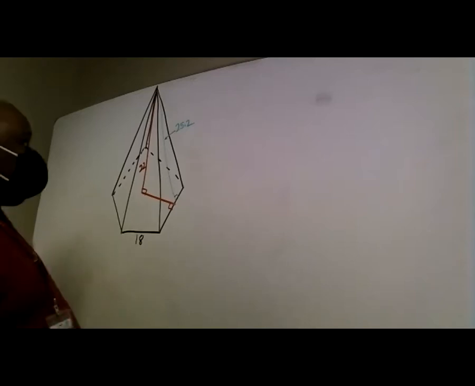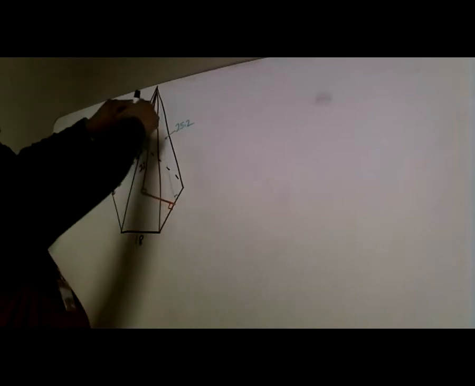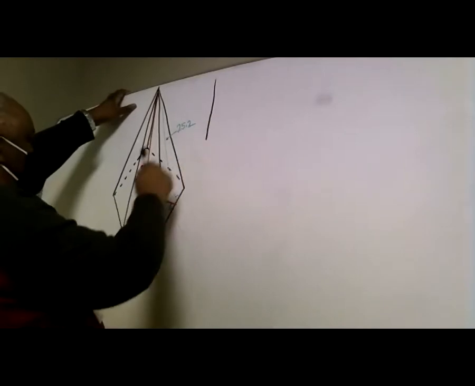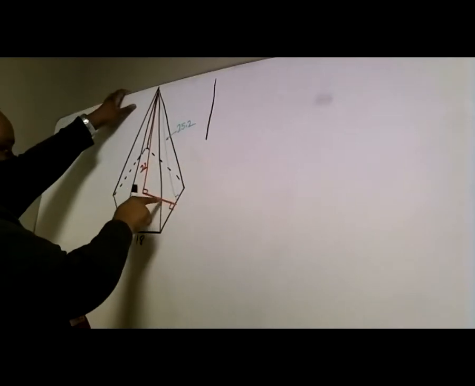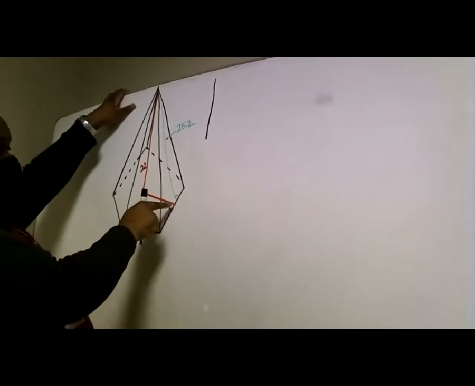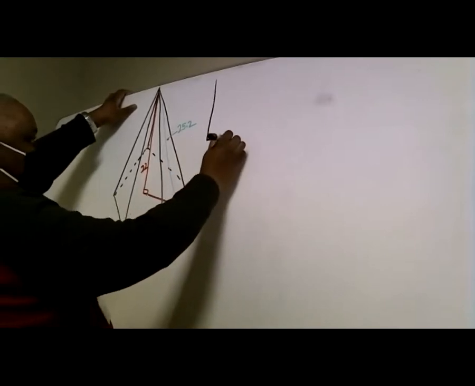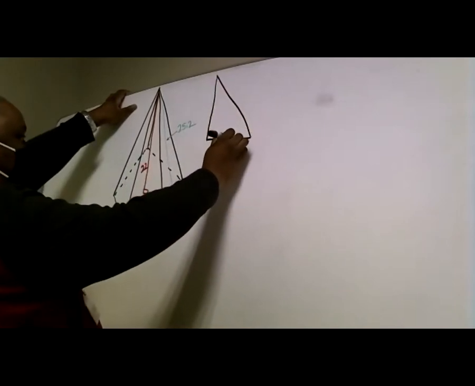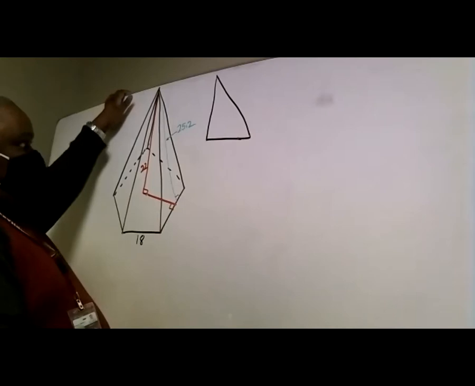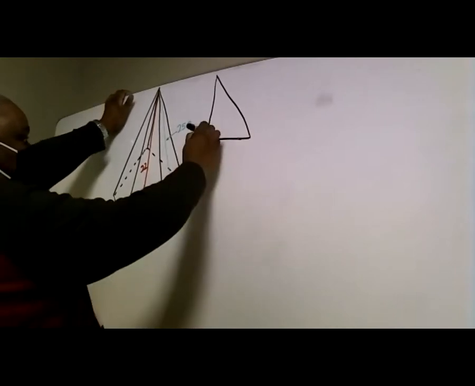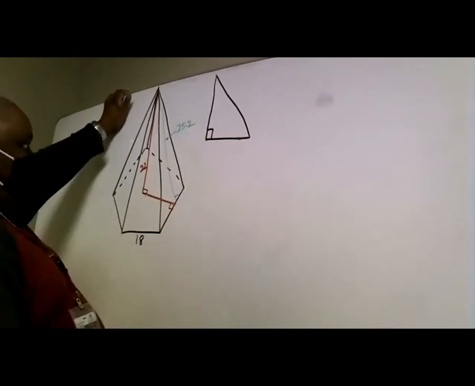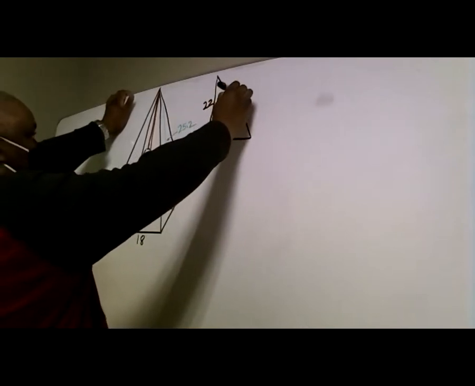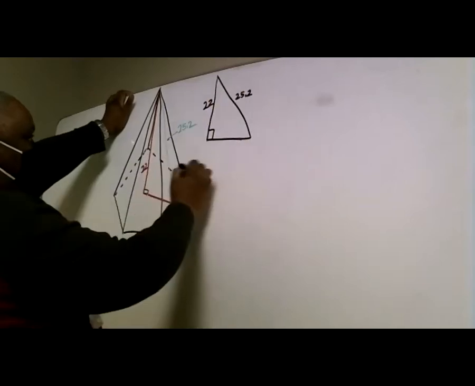In this case, I'm going to take out this triangle right here that I have, because we need to know what this apothem is. That's this part down here going from the center of that pentagon to a side on that pentagon. You know, this height is 22. This slant height is 25.2.